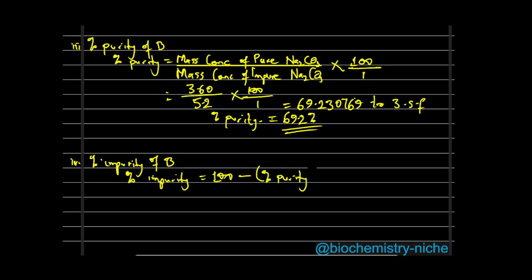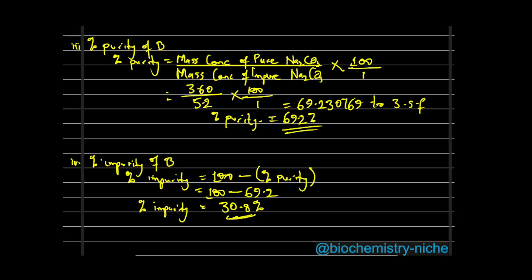Since we have just calculated the percentage purity, we'll have 100 minus 69.2, which gives us 30.8%. So this is our percentage impurity in the sodium trioxocarbonate. This is how we solve the question of percentage impurity. So let us go to the next question now.